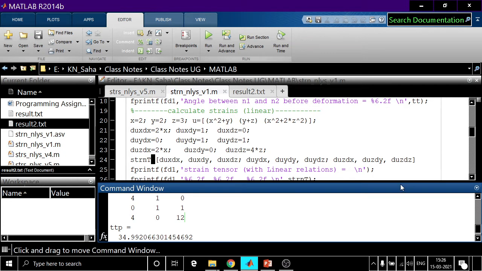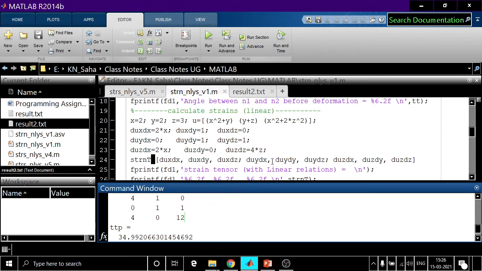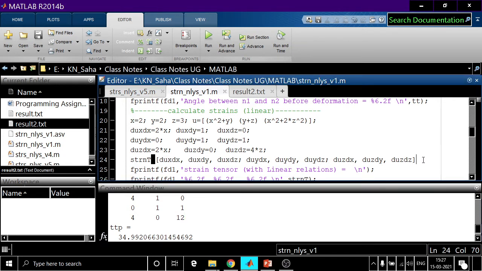That is true, and that is why this is not correct. So the calculation of gamma values and strain tensor values was not done following these relations.